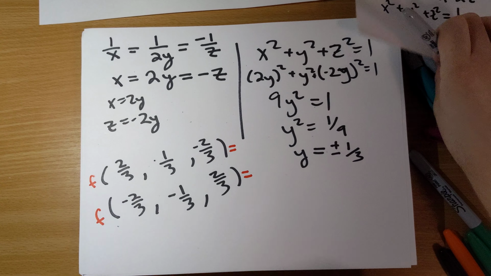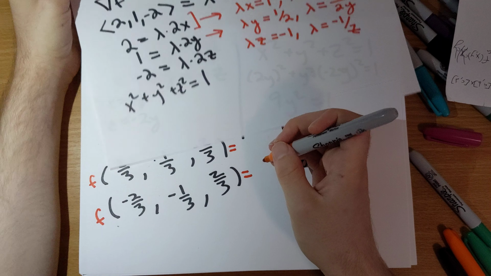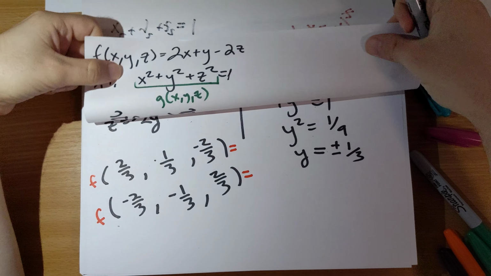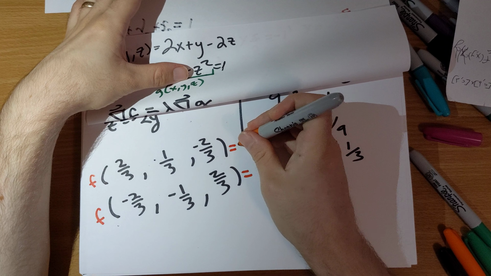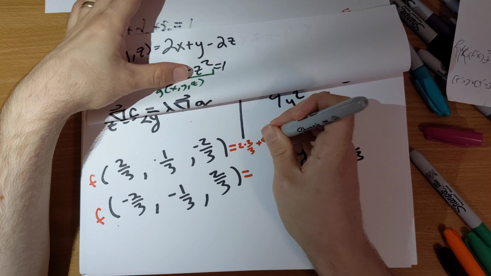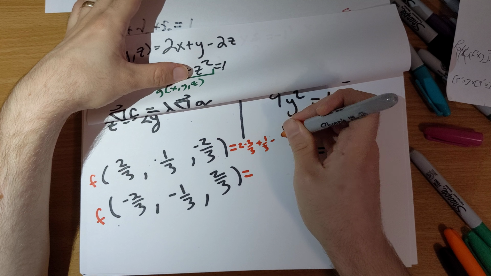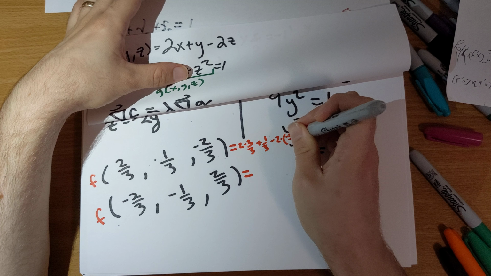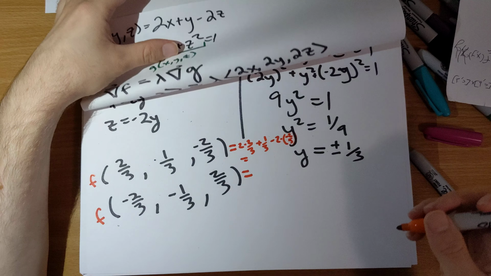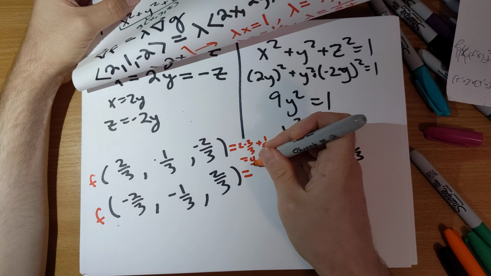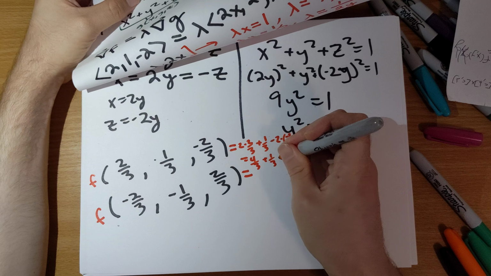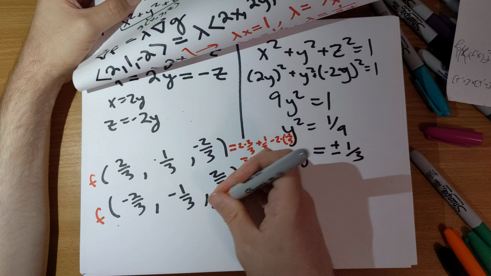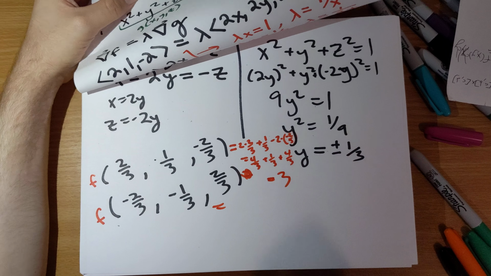So for this first case, 2x plus y minus 2z, so 2 times 2/3 plus 1/3 minus 2 times negative 2/3 is going to be 4/3 plus 1/3 plus 4/3, which is 3.